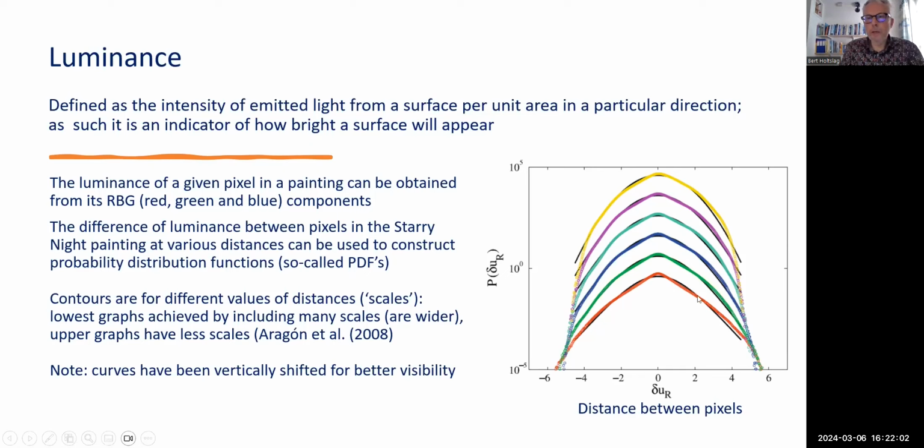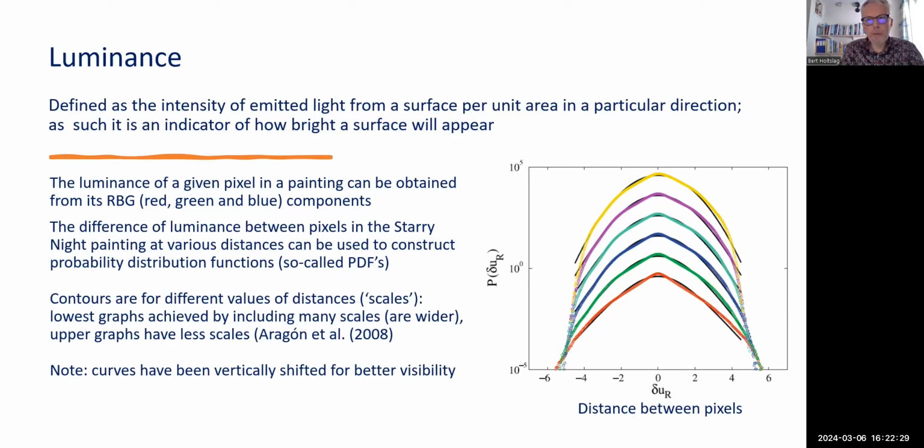Let's focus on the red one, the lowest curve, that actually shows a so-called frequency distribution, a PDF, probability distribution, of the difference in brightness between different distances in the painting, as it appeared by analyzing the Starry Night picture.